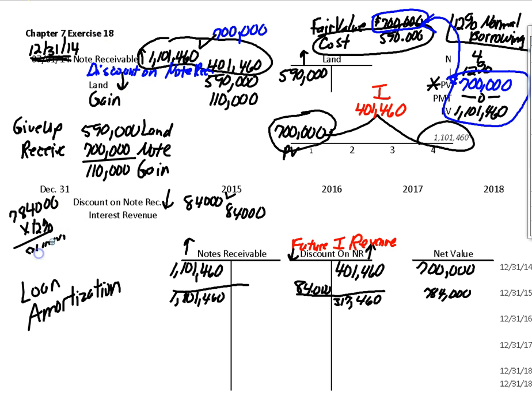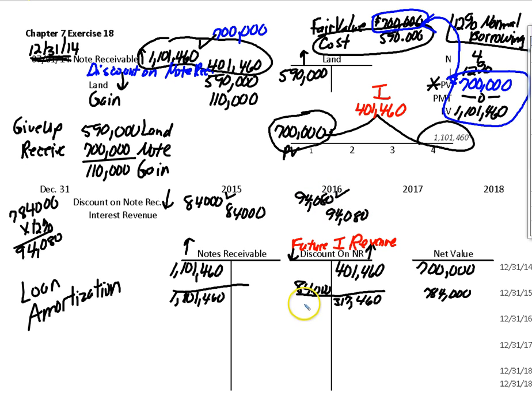So we earn interest, our 12%, on the 784,000, and that's going to be 94,080. That in our journal entry. So now interest revenue has gone up because of compounding of interest.